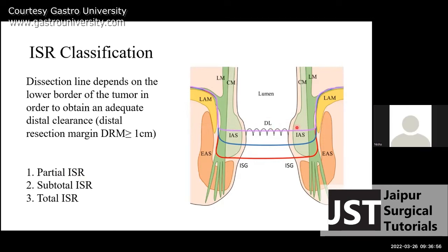If the distal limit of transection is between the dentate line and the intersphincteric groove, somewhere midway, it is called a subtotal intersphincteric resection. And if our line of transection is at the intersphincteric groove, between the internal anal sphincter and the external anal sphincter, where we are completely taking out the internal anal sphincter, it is called a total intersphincteric resection.